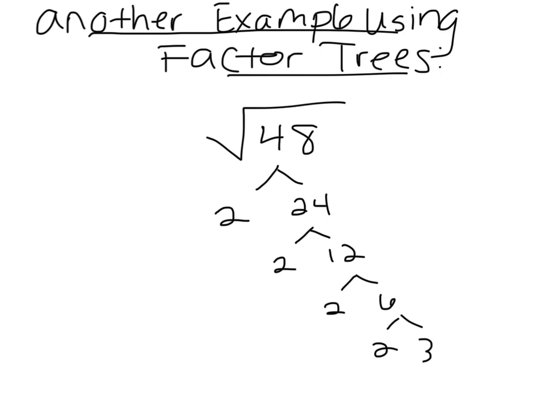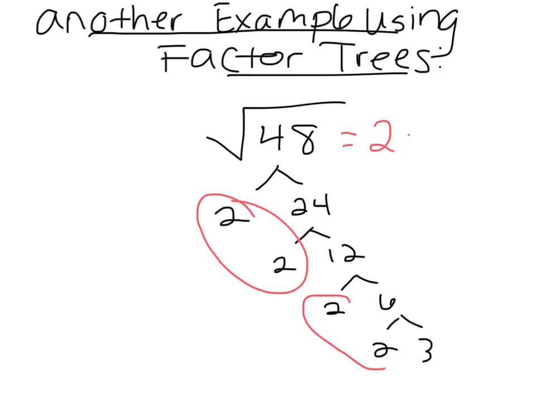So the prime factors of 48 are 2 times 2 times 2 times 2 times 3. That gives me 48. Again, I want to look for pairs of the same number. So right here, I have two 2's, or 2 squared. Again, the square root of 2 squared is simply 2.